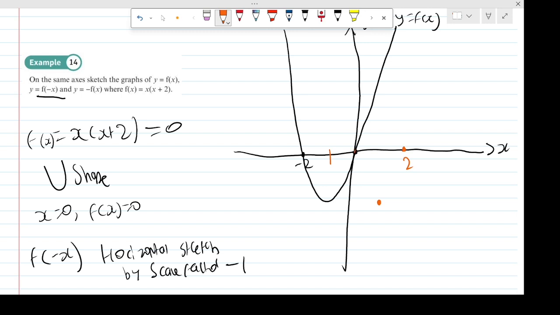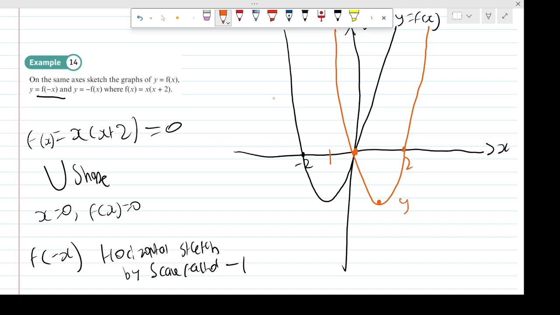So if the curve passes through the origin and these 3 points in the same sort of quadratic shape, if I draw a nice quadratic curve passing through these 3 orange points, the curve is going to look like this. Lovely stuff.